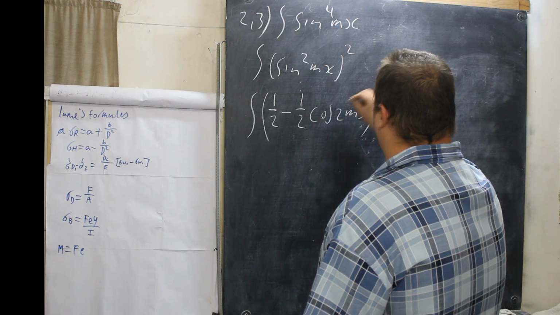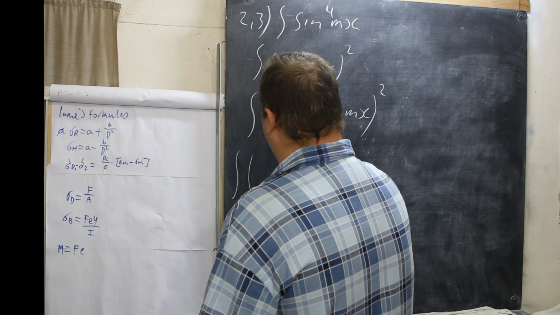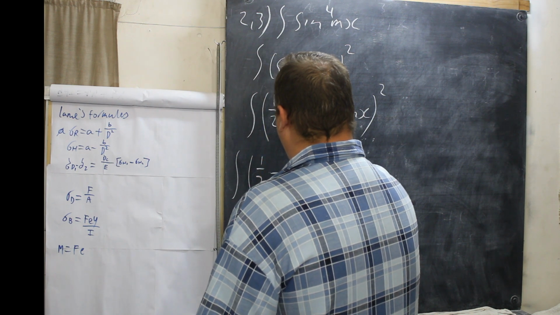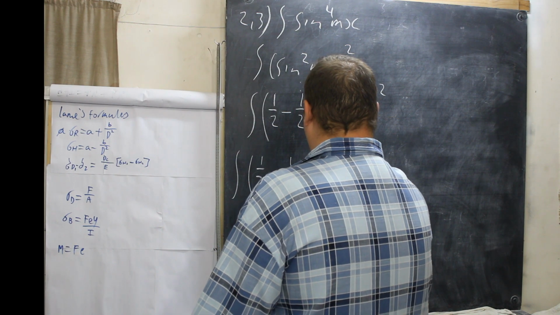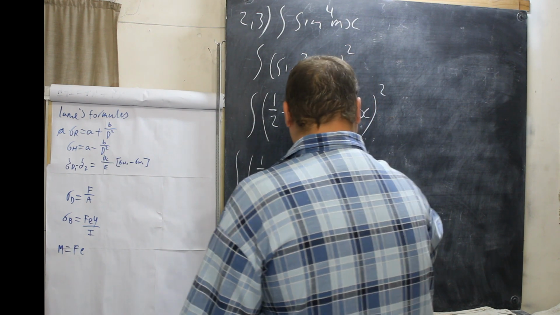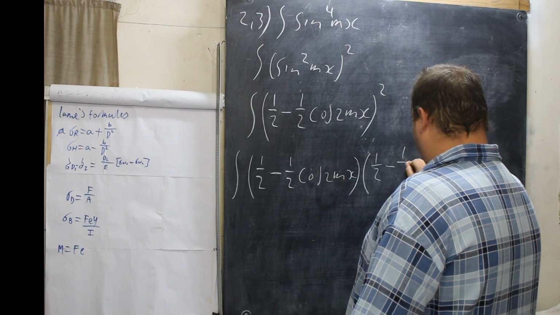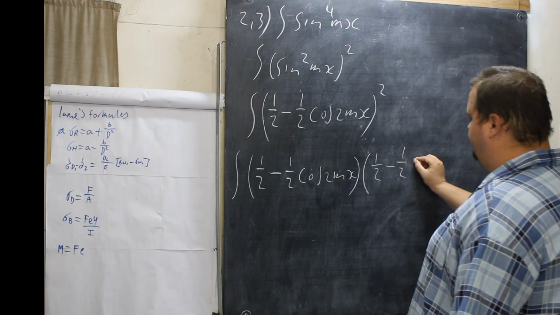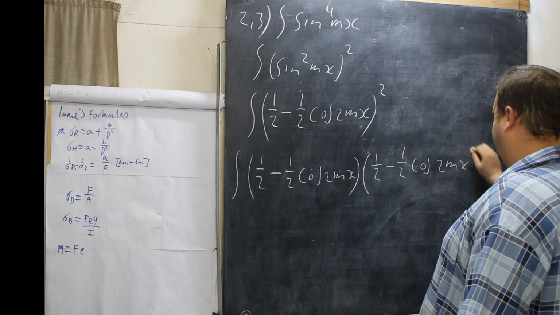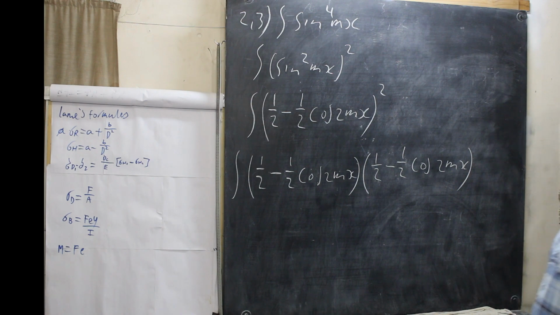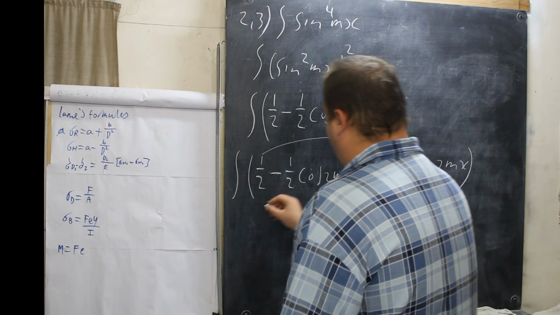That's the only difference with cos. Now we square this. We square the term. The integral of (a half minus a half cos 2mx) times (a half minus a half cos 2mx). Now we FOIL. Half times a half is a quarter.